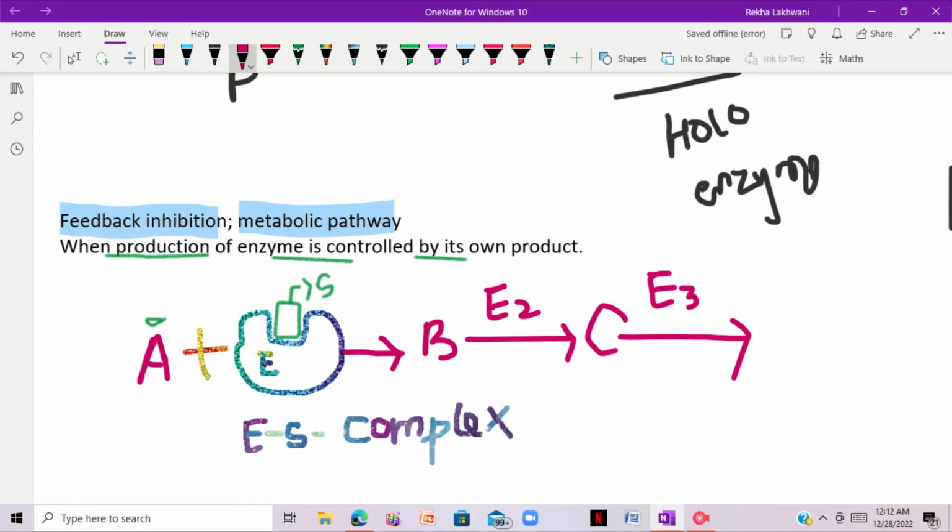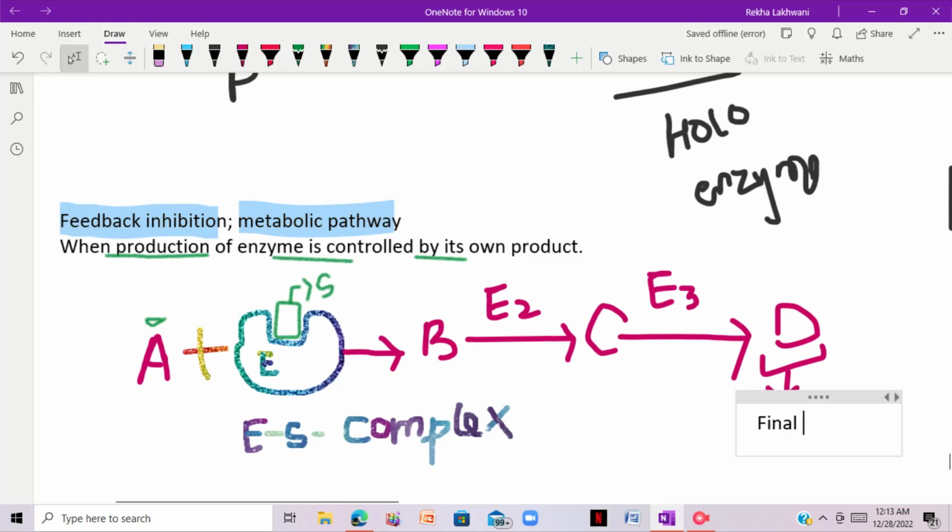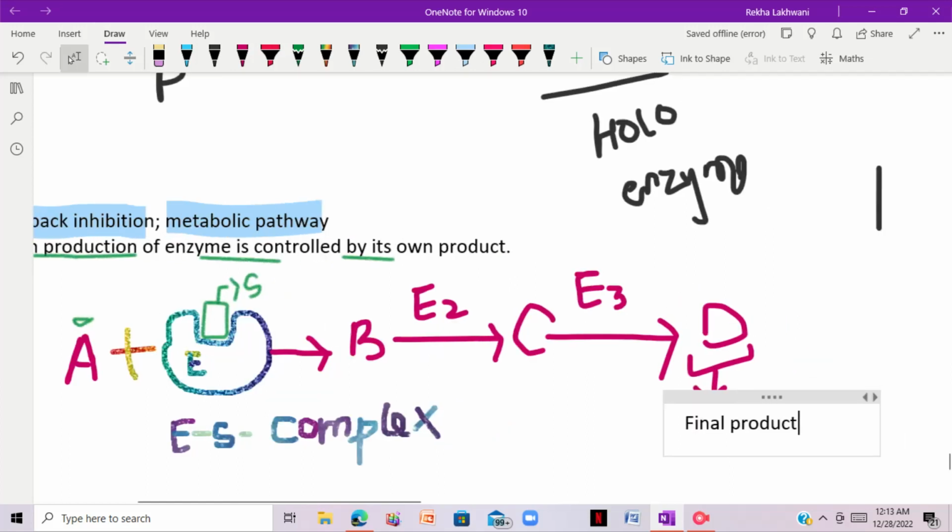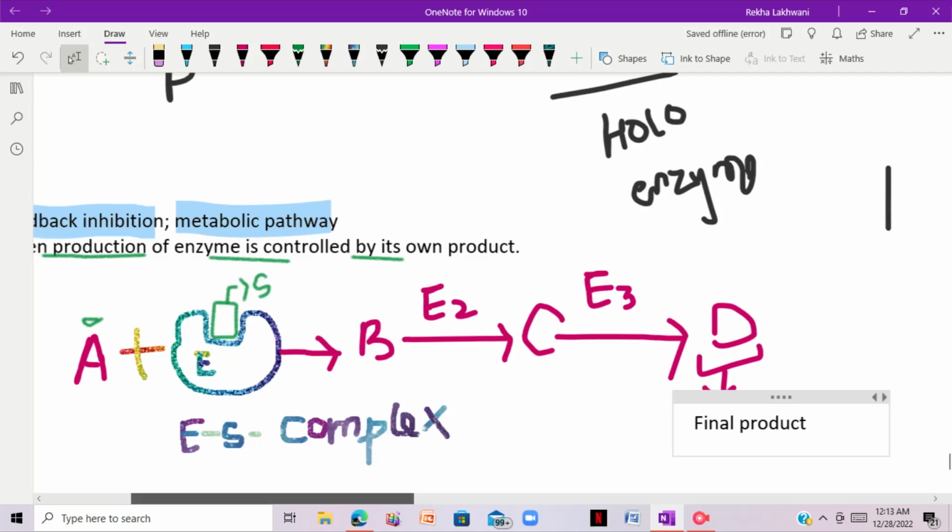So basically, this whole thing is known as a metabolic pathway, right?